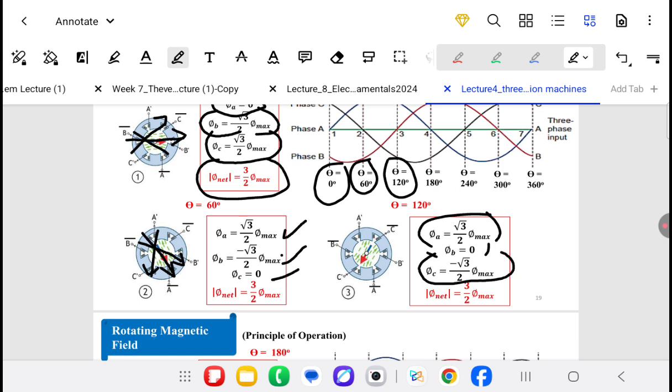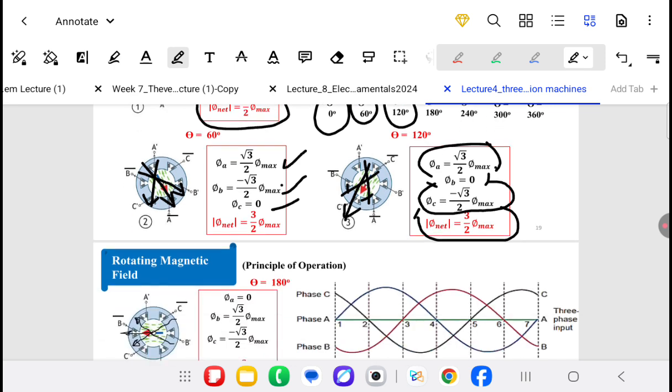This is for phi C. We have now the resultant flux, which is equal to 3 over 2 phi maximum, the same magnitude. For the direction, we have the flux from phase A and the negative flux from phase C, and the resultant is between them. This is the direction of the resultant flux.